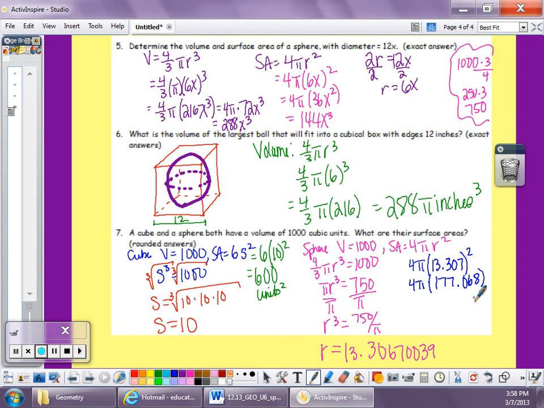Now I haven't pushed clear, but I'm rounding it as I write it. Then I'm going to multiply by 4, and it gives me 708.273. And then I'm going to multiply that by pi. And so my surface area is equal to 2,225.106 units squared.